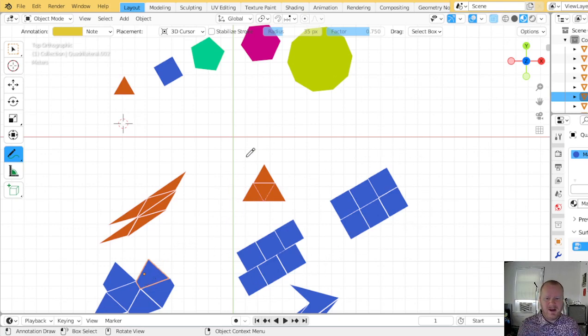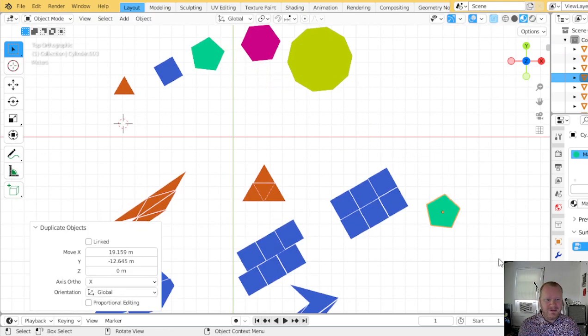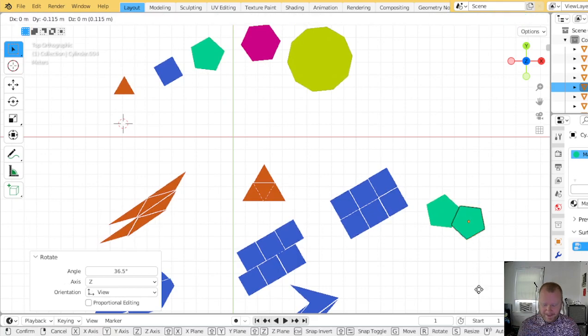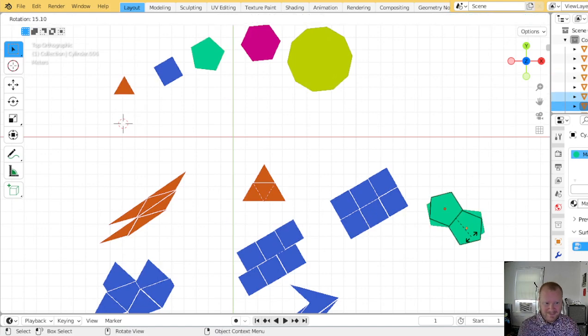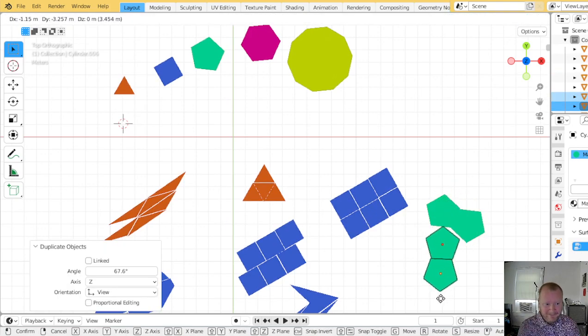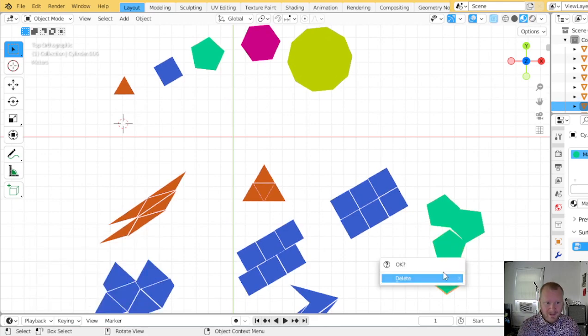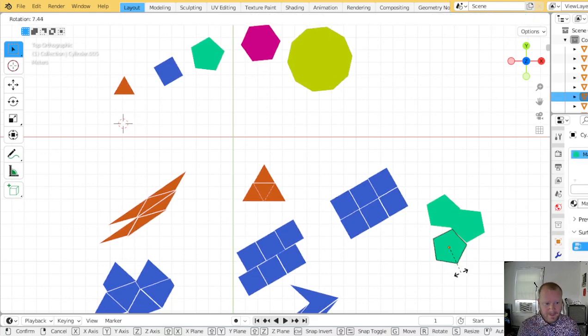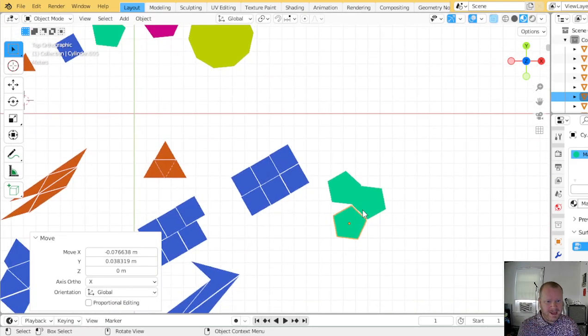But we want to ask, are there any other regular tilings that work on here? So I've got a pentagon here, and if I try to tile the plane with that, let's see if I can do this efficiently. Playing with these pentagons, I'll see that I have this gap left over.